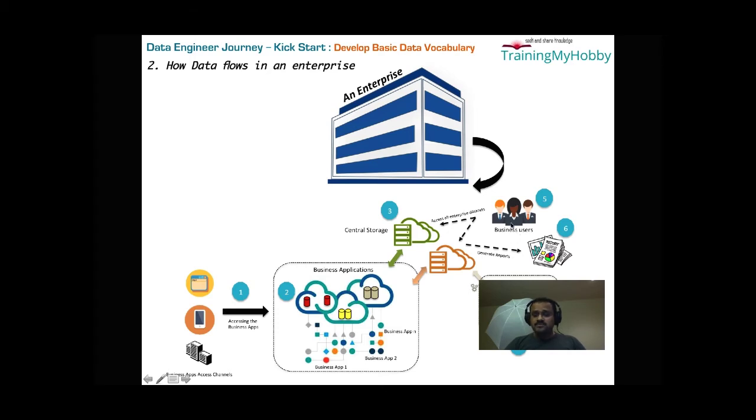Then the business users need to have access to all the data, either to generate reports or to do some data analysis. This may not give the full picture, but you just need to build how the data flows across the enterprise. I hope you got it, right?